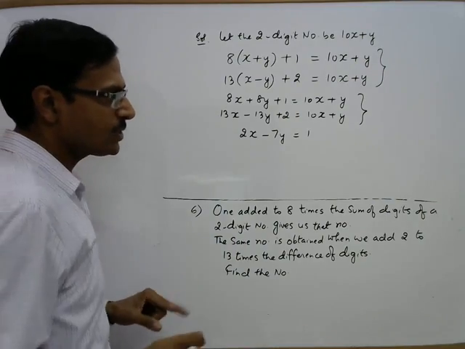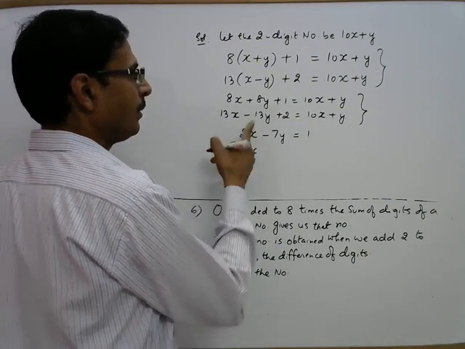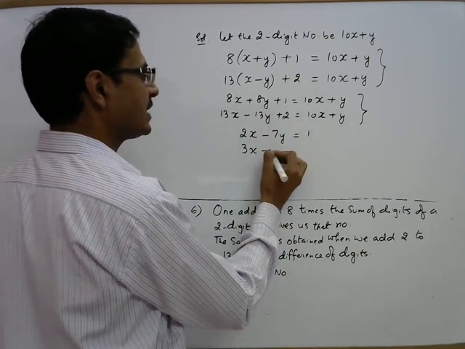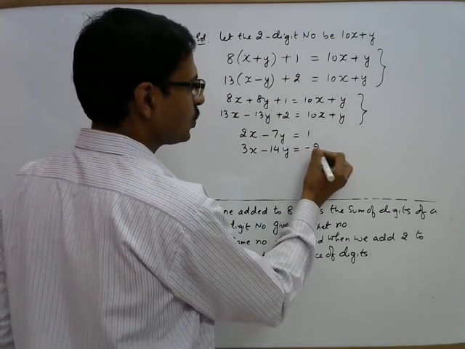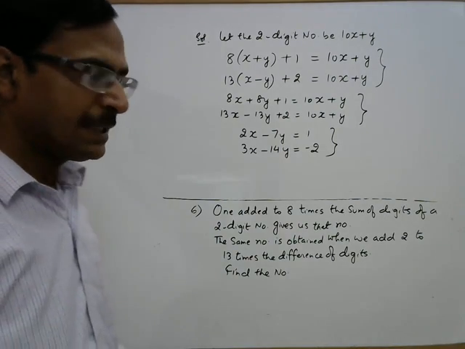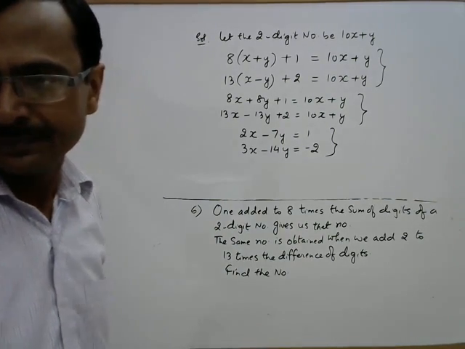So this is the first equation. 13x minus 10x is 3x, minus 13y minus y is minus 14y, and plus 2 moves to that side, minus 2. So this is a pair of linear equations in two variables. These are the two equations you need to solve.